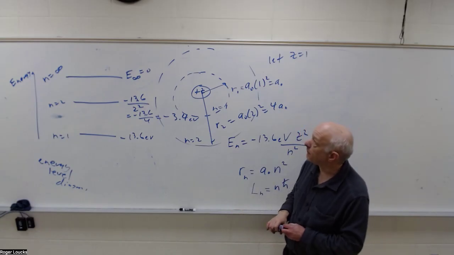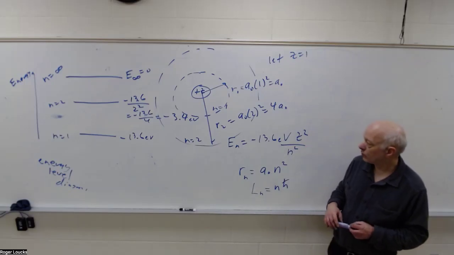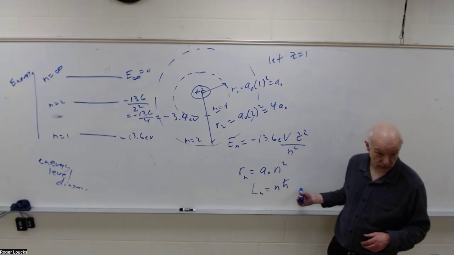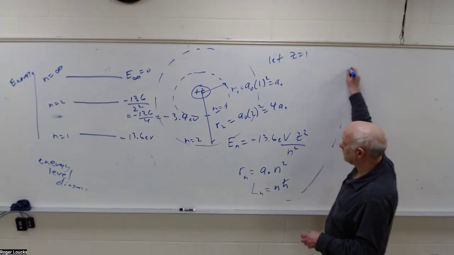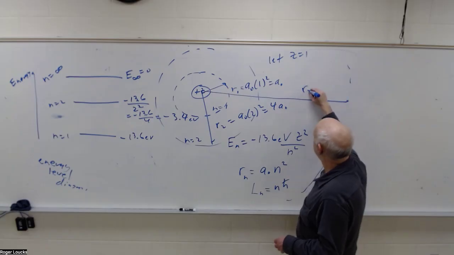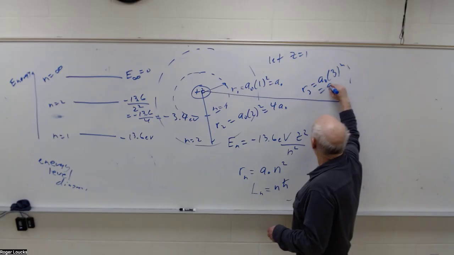Okay, let's put in n equals 3. First of all, what happens to my orbit here? It increases by a factor of 9, so it'd be something preposterous out there. This would be my R3, A naught times 3 squared, or 9 A naught.